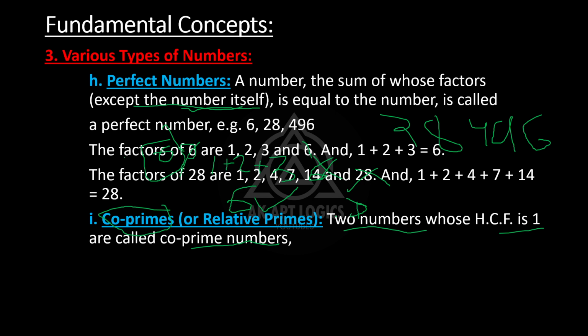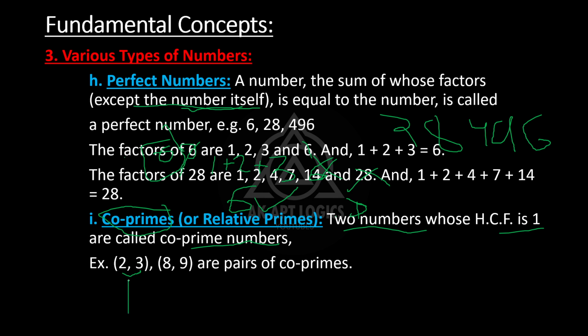So if you take any two prime numbers, their HCF will be one. But co-primes are not only about prime numbers. It's about all numbers. Most people get confused with this topic. For example, 2 and 3 are prime numbers, so their common factor, meaning the highest common factor, HCF, will be one.